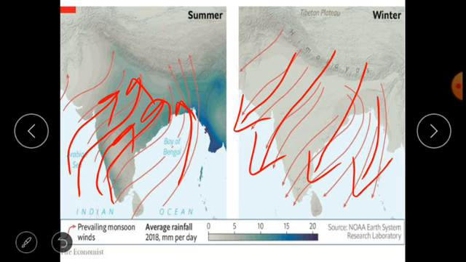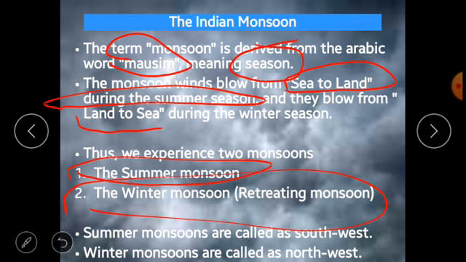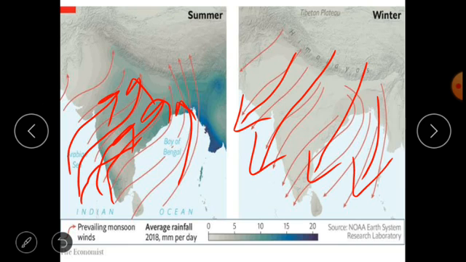Why? Because the winds originate from the southwestern region. And the winter monsoons are called northwest monsoons or retreating monsoons. Why? Because they originate in the northwestern region. Here is a video with the help of which you can understand the mechanism better.